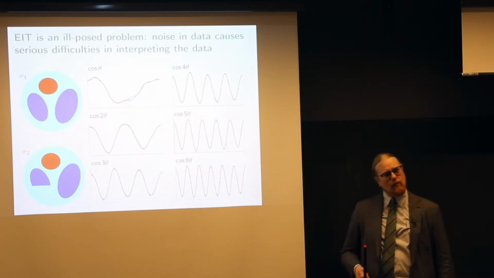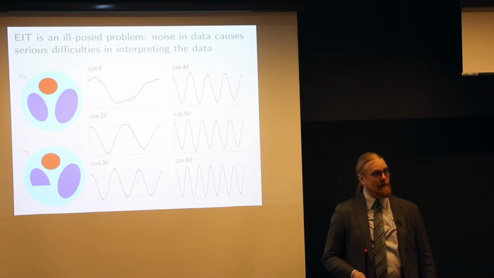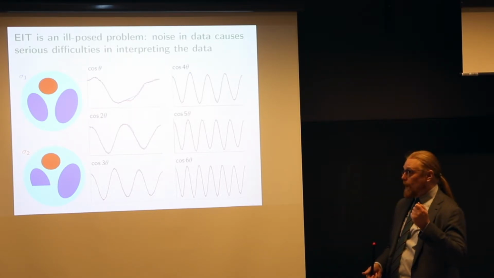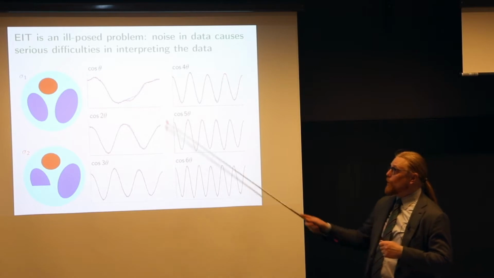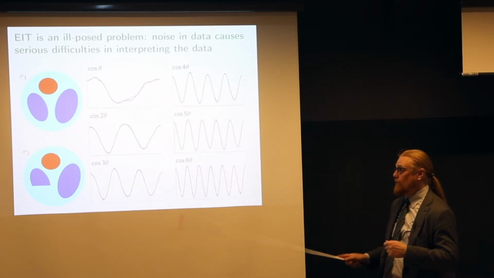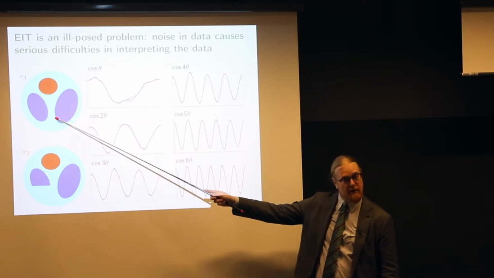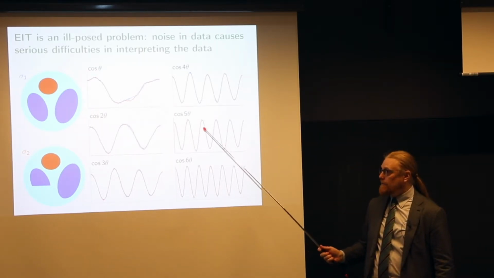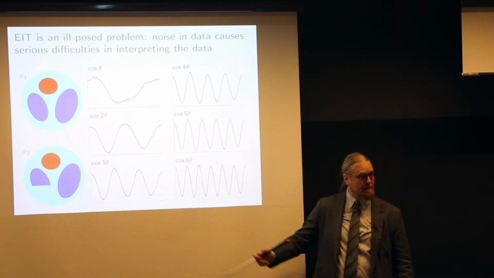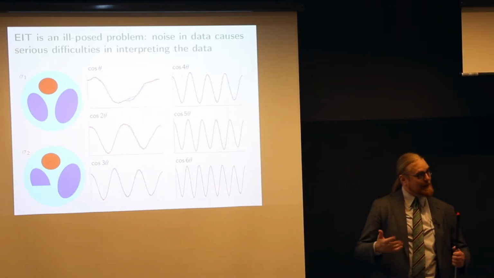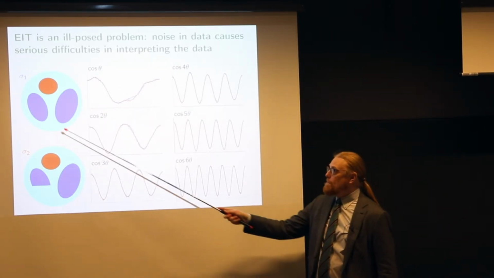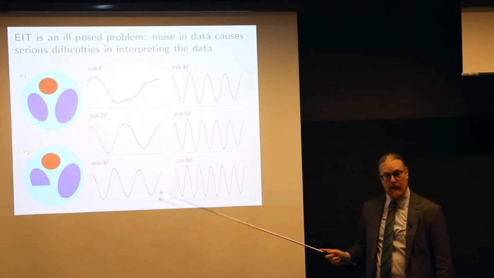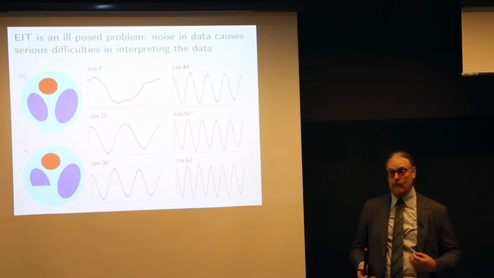So this is the situation in electrical impedance tomography. We need an algorithm that when fed the blue curves as input will produce this image. However, when fed the red curves as input, it will produce this image. As you can see, there's a situation that there's a big difference between the objects, but a very small difference between the data we have about them.